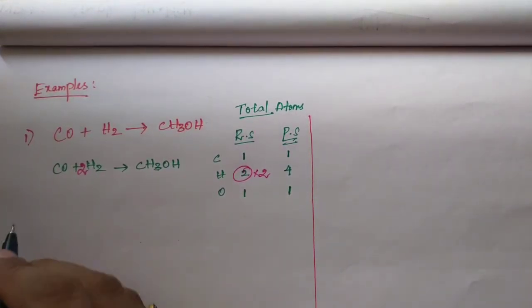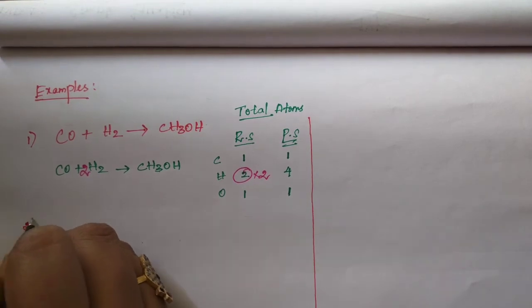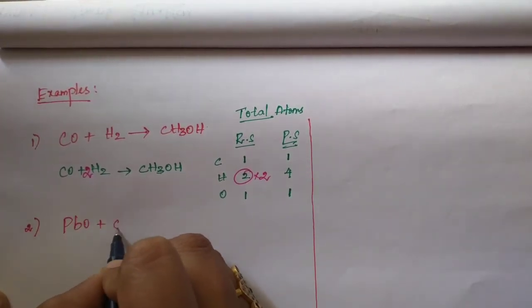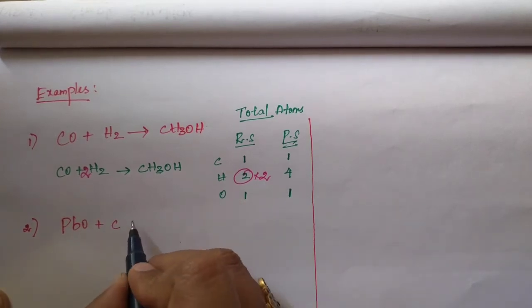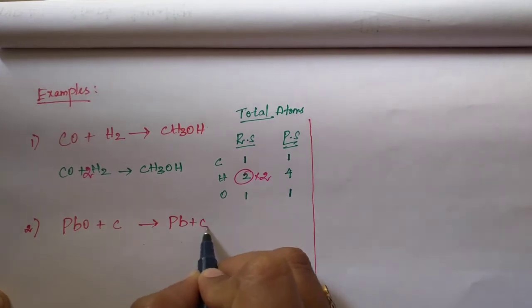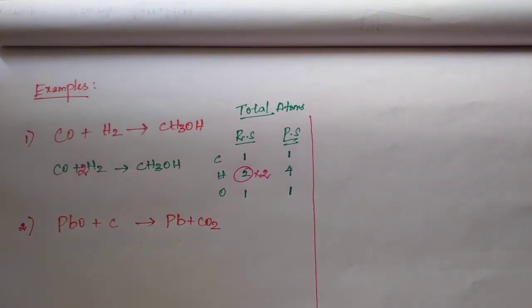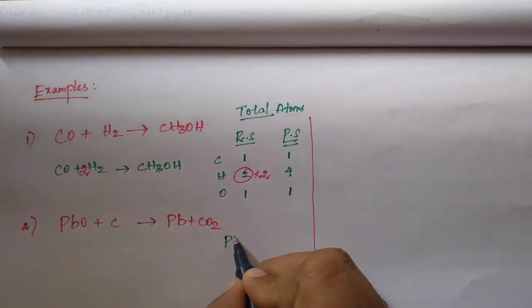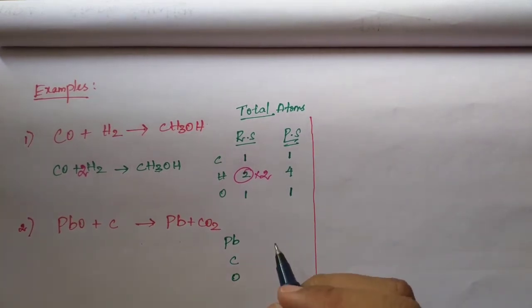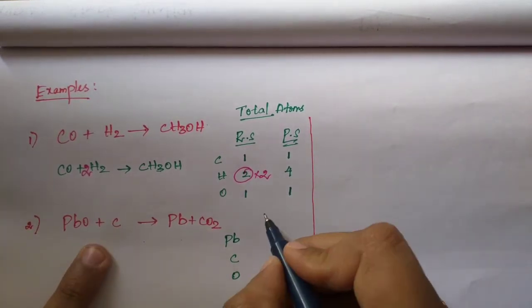Second equation, PbO plus C. Lead oxide reacts with carbon, it gives lead plus carbon dioxide. Here also same thing students. First apply trick number 1. Here lead, carbon, oxygen.